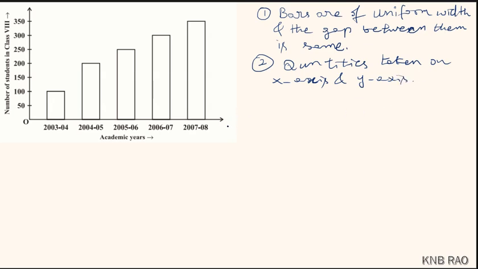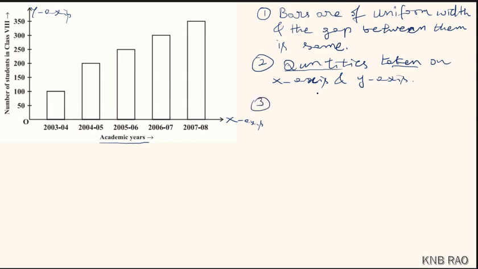Maybe you have been taught that the x-axis is the horizontal axis, and the vertical axis is called the y-axis. So, academic years are taken on the x-axis. Number of students in class 8 is taken on the y-axis. So, quantity is taken on both the axes. The plural of axis is axes, A-X-E-S, that we have to observe.